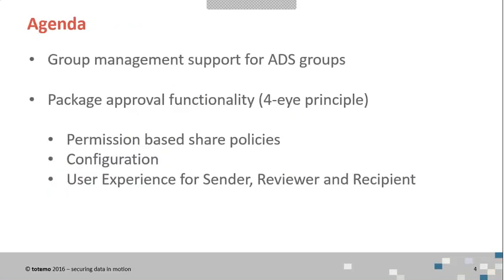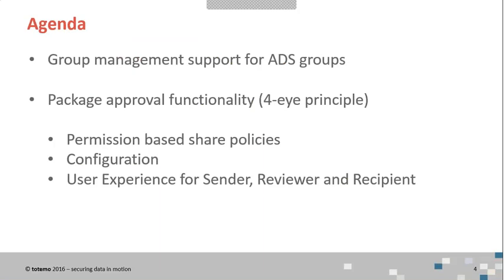So the first point is basically the agenda. We have two major functionalities that I'll talk about today. The first one is the group management support for Active Directory groups, and we improved this functionality to be able to link existing Active Directory groups.